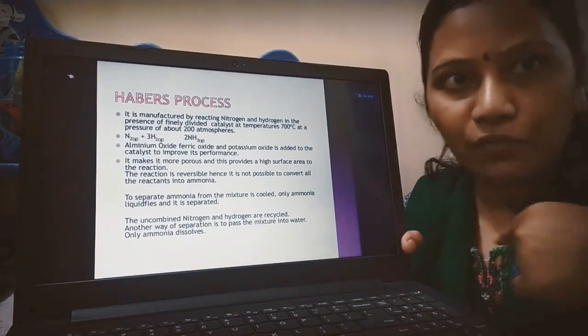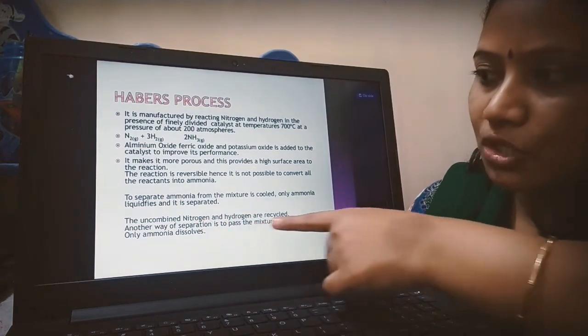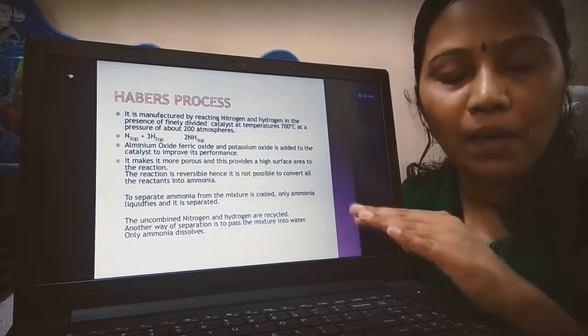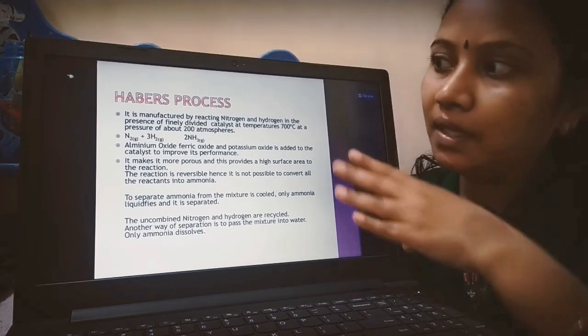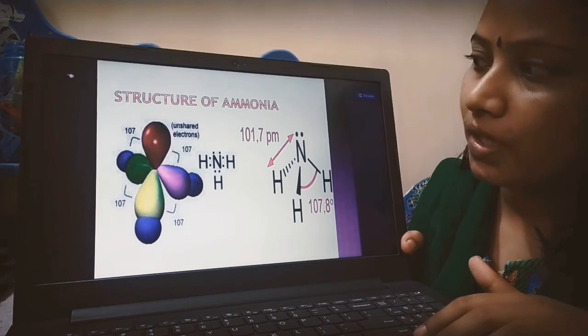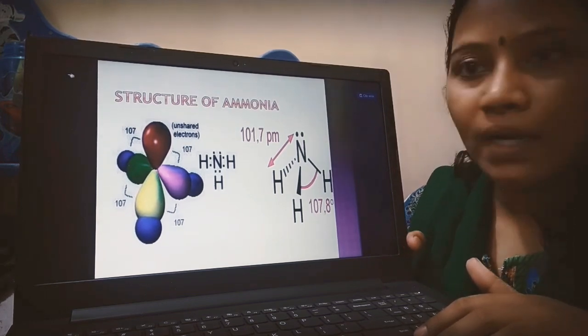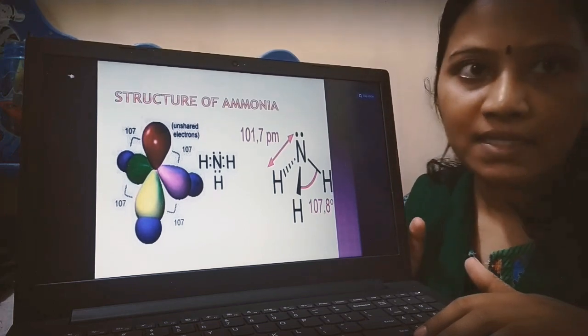They can be recycled for further reaction. Another way of separation is you can pass this mixture into water, and only ammonia will dissolve. So that's also a method. So this is an overview of Haber's process which we have seen in the flowchart. And you know this is the structure of ammonia. Ammonia has a lone pair, and you know the bond angle is 101.7 picometer.